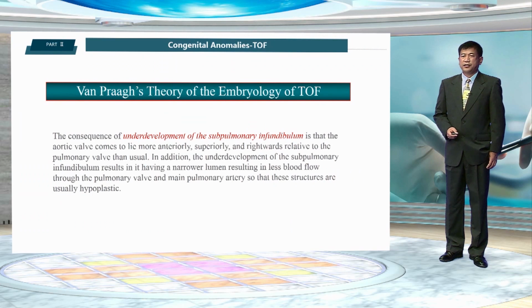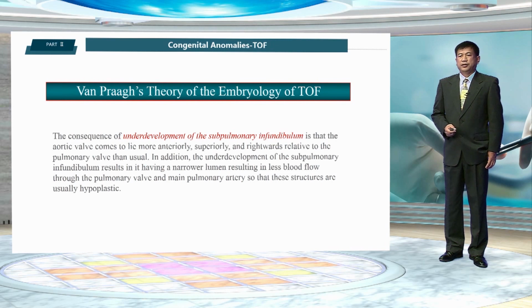And this slide, I think, is a little bit difficult to understand. Just remember, all these pathological changes are the consequence of the underdevelopment of the subpulmonary infundibulum. That is why the aortic valve comes to lie more anterior, superiorly and rightwards relative to the pulmonary valve than usual.